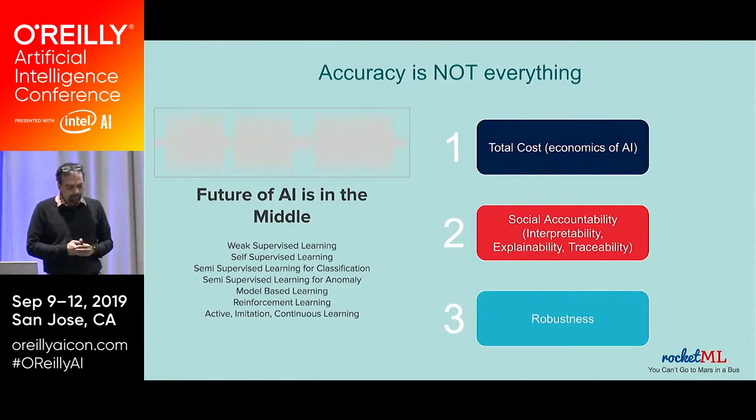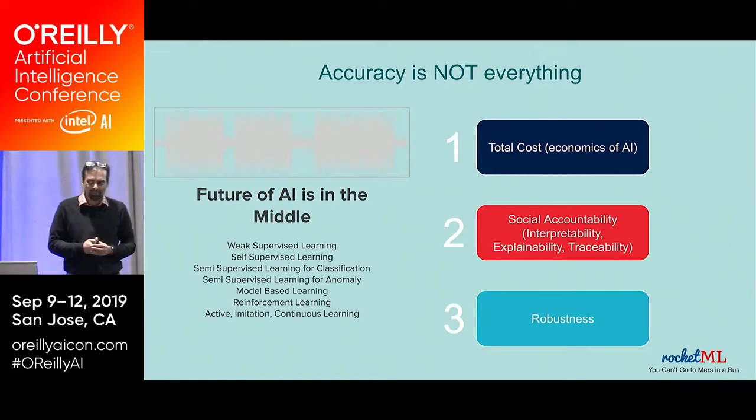An example I can give is that if your application is in the medical field, where a human life is involved, then you're highly accountable. Or in a regulated industry, you have to be able to explain why your model declined a loan to someone who applied for a loan.